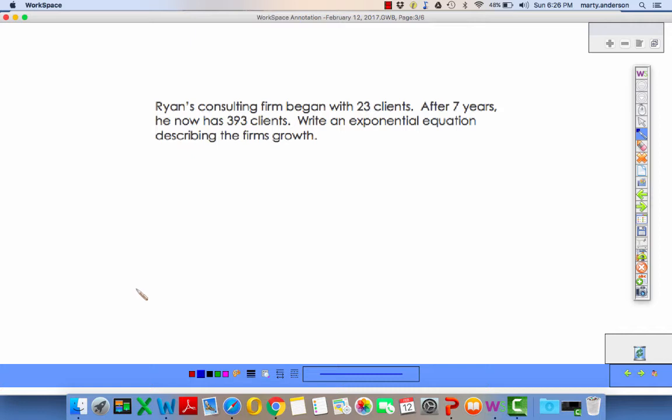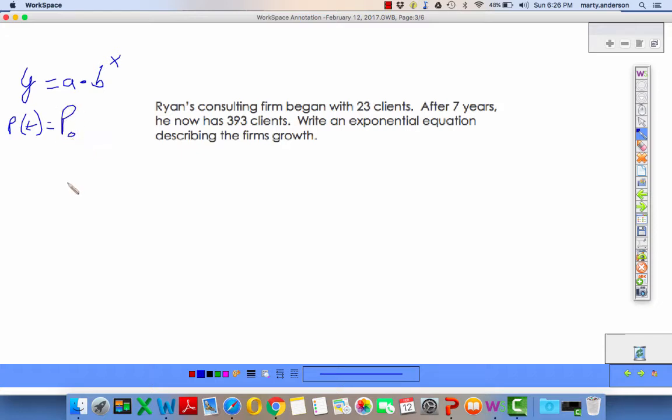We're back to some word problems with our y equals a times b to the x. We're going to write an exponential equation. Remember, population problems can be population at time t. These are not any different.